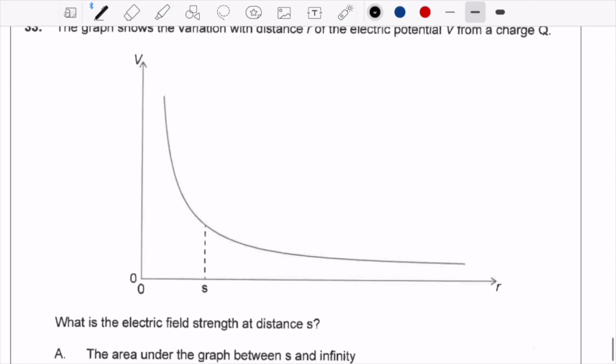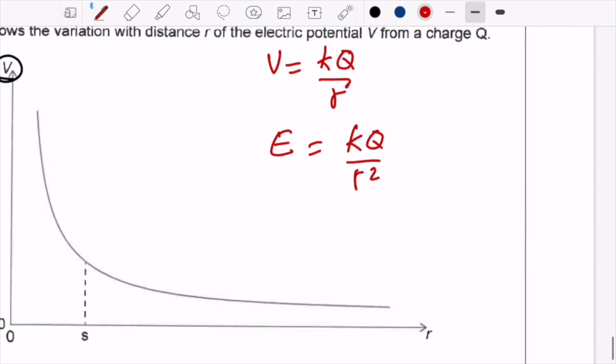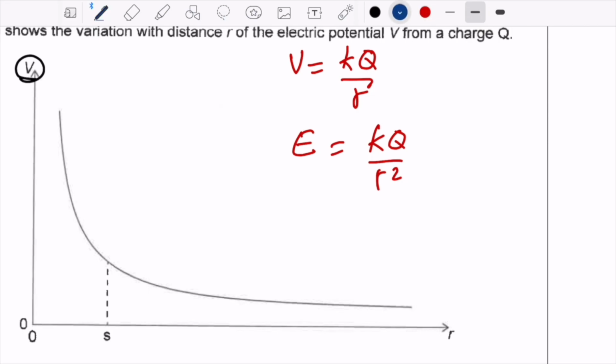Again, they are asking about electric potential and electric field strength. Let's look at it again. V equals kQ over r. E equals kQ over r squared. I start with V. Let's think about dV over dr. You guys know differentiation, so dV over dr equals d over dr of kQ over r.